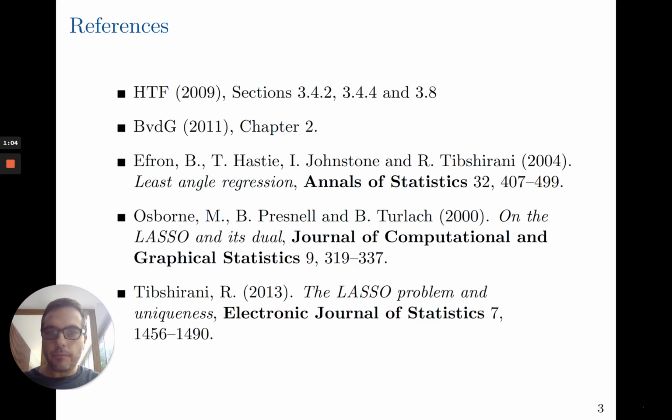These are the references. We have a very good exposition of this material in the books by Hastie, Tibshirani, and Friedman, and Bühlmann and van de Geer, and also a list of papers that cover the material.